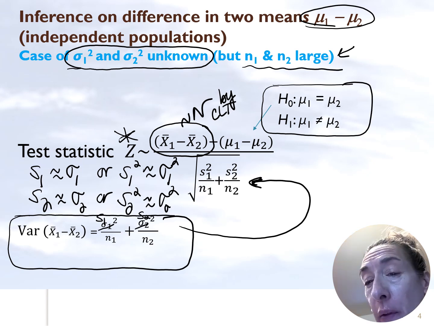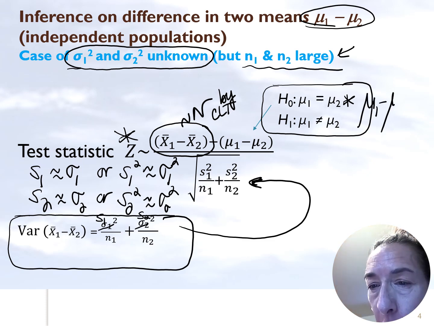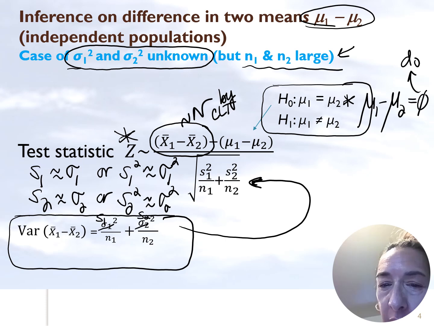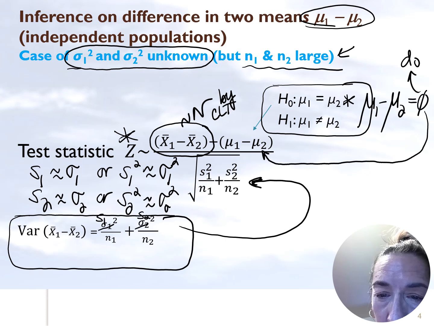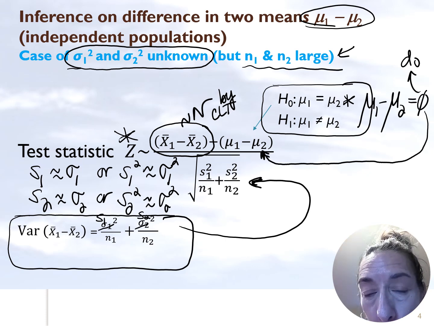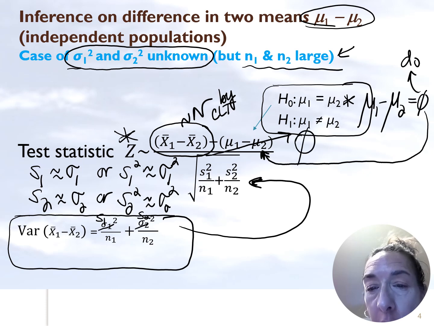We typically hypothesize no difference in those two means, so another way of saying that is that mu1 less mu2 is 0. That's our hypothesized difference, in this case 0. To proceed by proof by contradiction, that 0 gets inserted into the test statistic for mu1 minus mu2. Of course, that term vanishes to 0 because we're hypothesizing no difference.